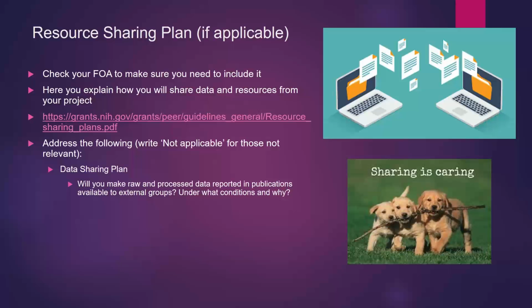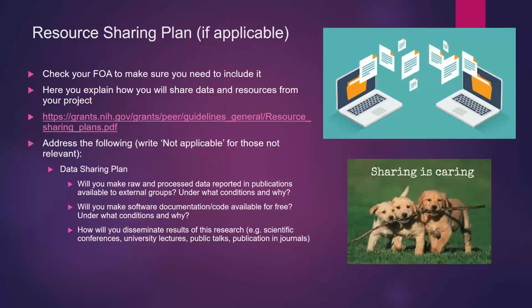Data sharing plan. Will you make raw and unprocessed data reported in publications available to external groups? Under what conditions and why? Will you make software documentation and code available for free? Under what conditions and why? How will you disseminate the results of your research? So are you going to do it via scientific conferences, university lectures, public talks, publication in journals?